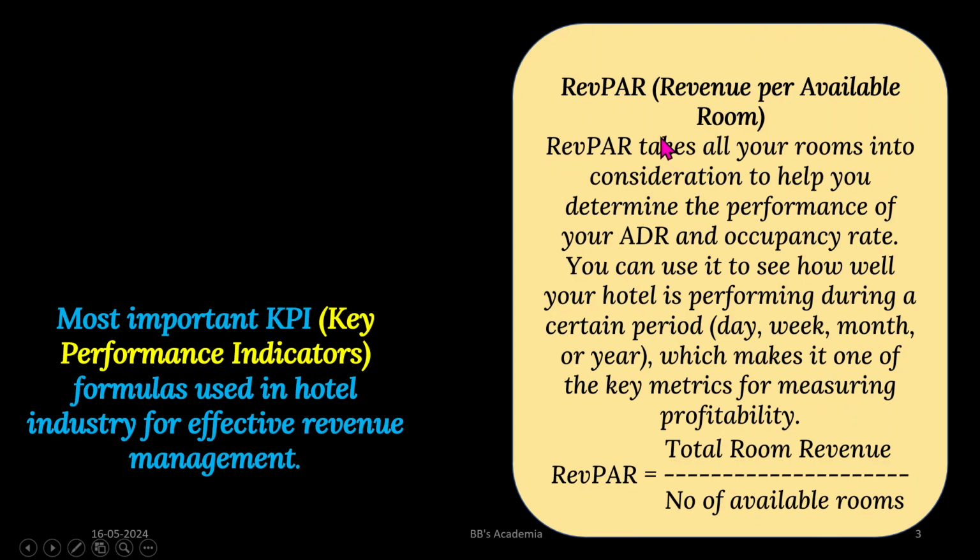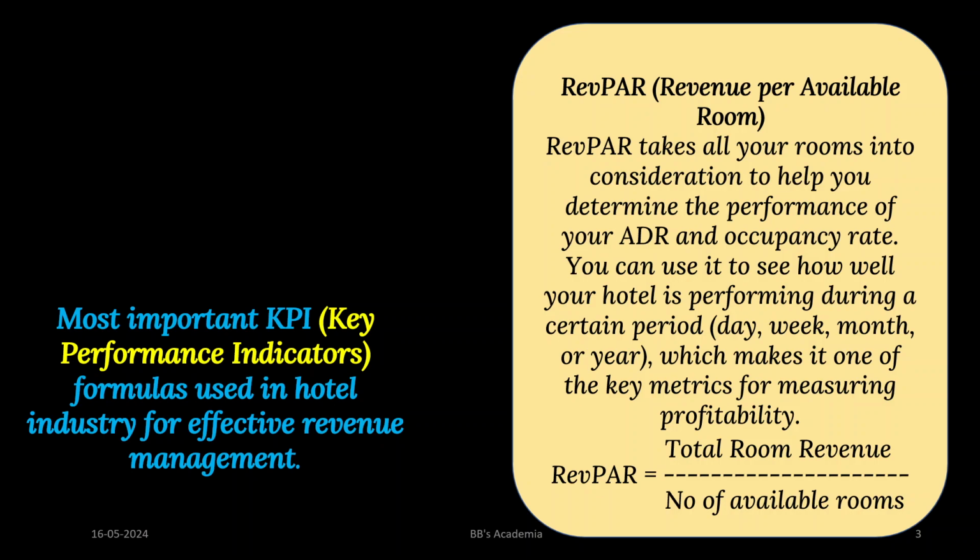RevPAR. RevPAR is a short form and we call it revenue per available room. Revenue per available room. RevPAR takes all your rooms into consideration. Remember these words very carefully.